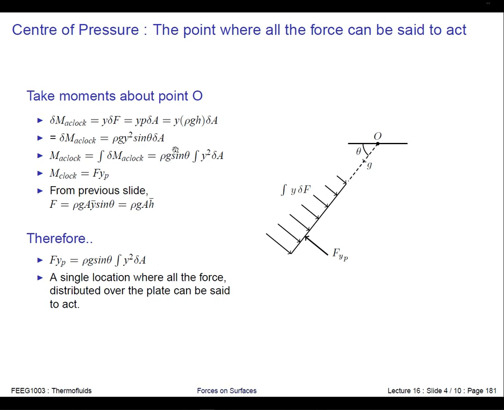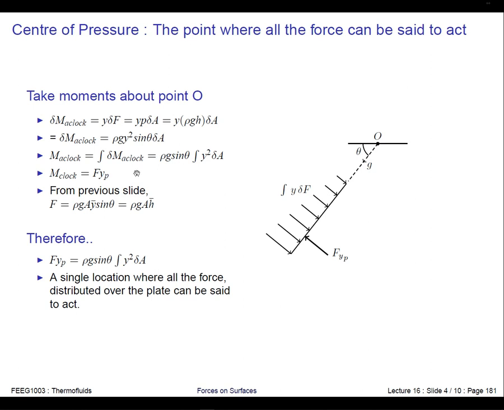Then if I want to work out my total anti-clockwise moment, so that's the moment acting in this direction, I integrate my elemental moments, and I can take rho g sine theta out because that's always constant, and I end up with this integral, and to do this integral I have to know how dA depends on y.